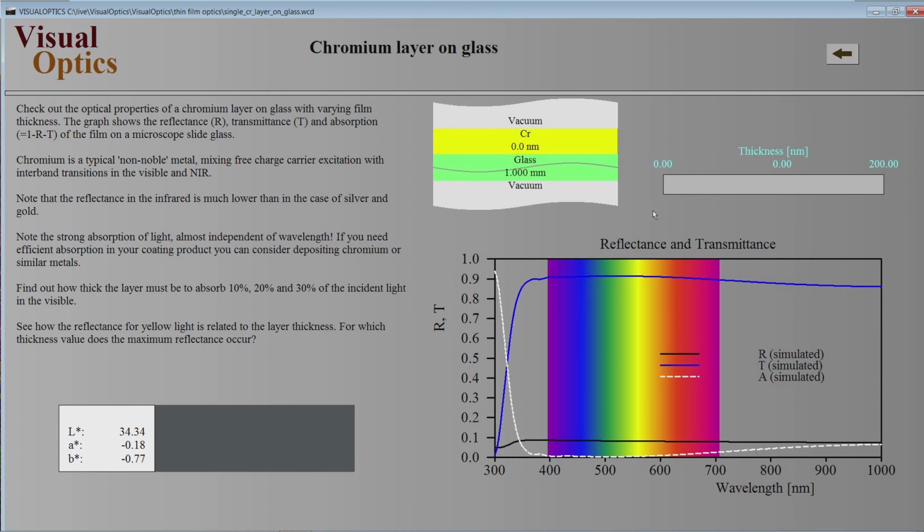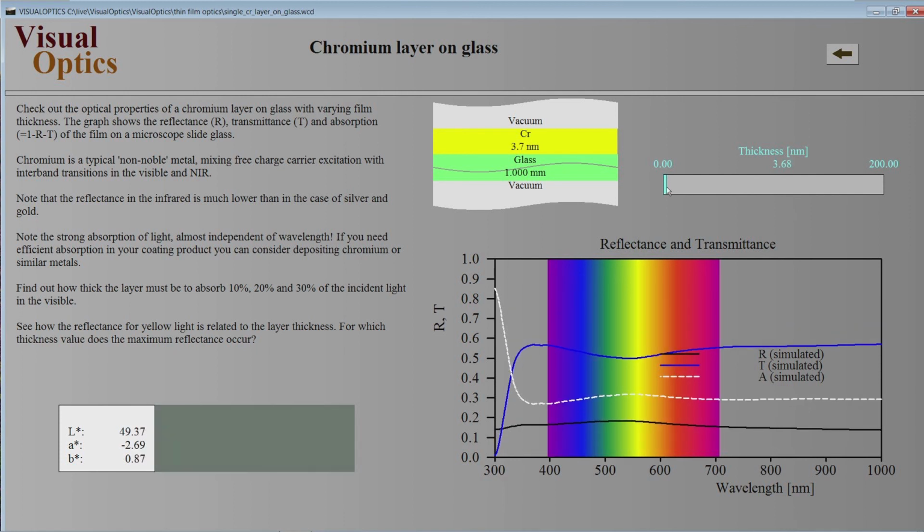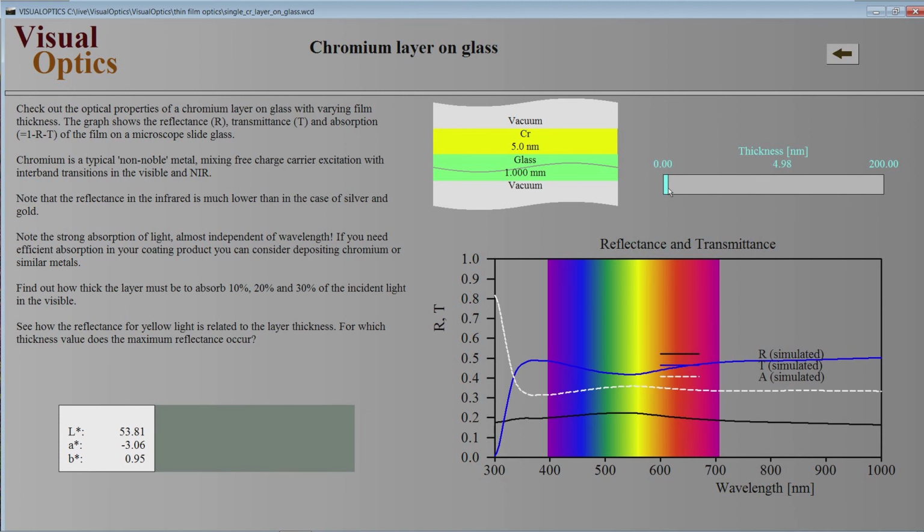The absorption rises very rapidly if you only deposit a few nanometers of chromium. If you have 4 or 5 nanometers, let's take this example, the absorption is 30%. It's almost evenly distributed in the visible. So for all wavelengths, also the near infrared, you find strong absorption of 30% by a 5 nanometer layer.